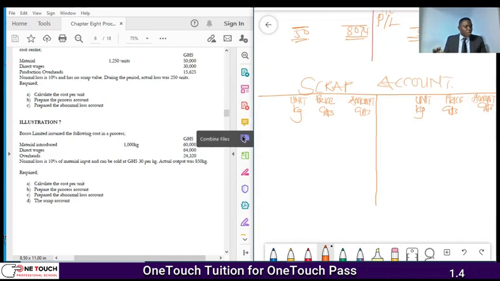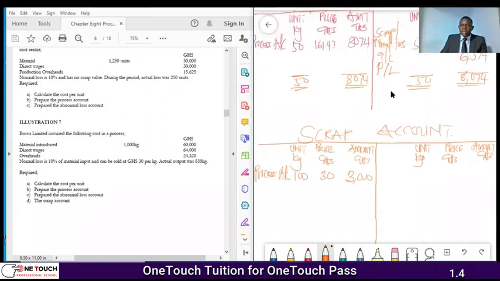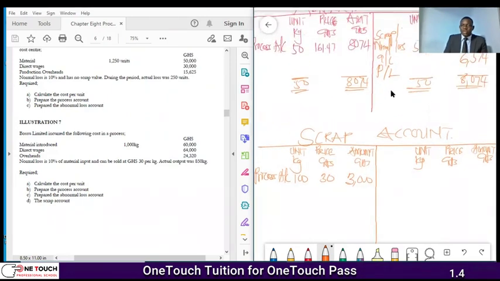Now we have our normal loss. So the scrap account is the same as the normal loss account. From the process account, our normal loss was 100 at 30, giving us 3,000, right? Good. And now we have the abnormal loss. We have credited the abnormal loss to the normal loss or scrap account. So that comes here. We have 50 at 30, giving us 1,500.